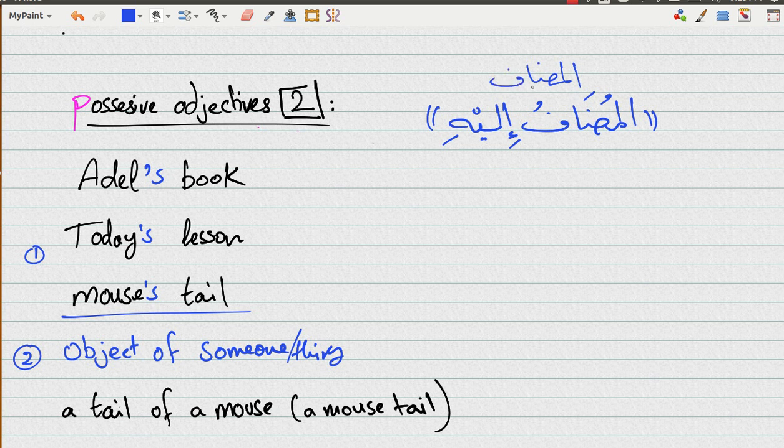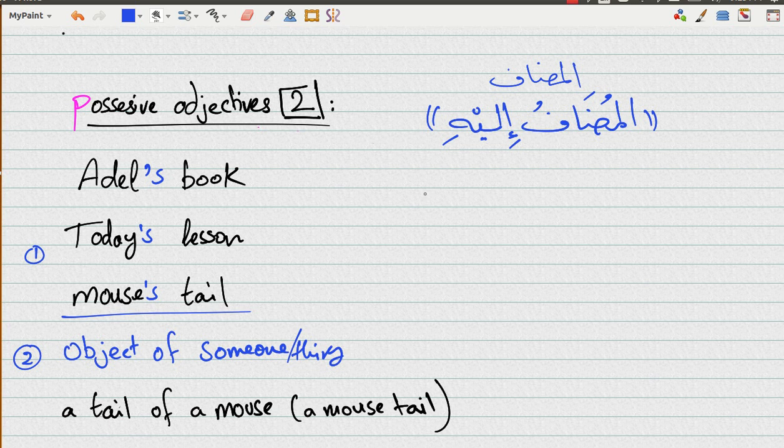If I literally translate that, it means someone or something that is added to that thing or someone. It's much more confusing in English. But mudaf and mudafu ilayhi, added to him, or to it.